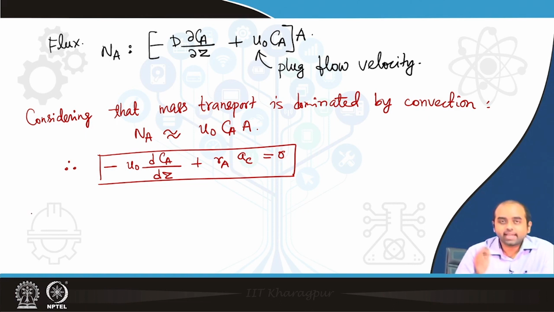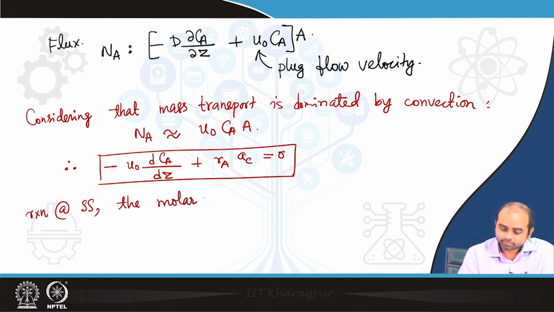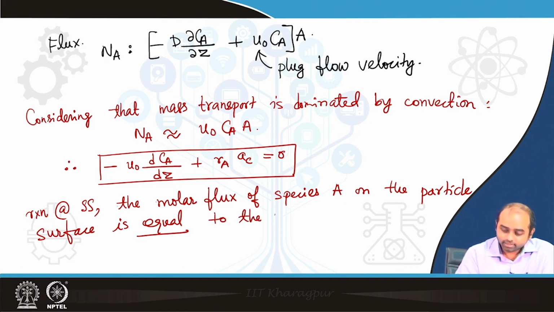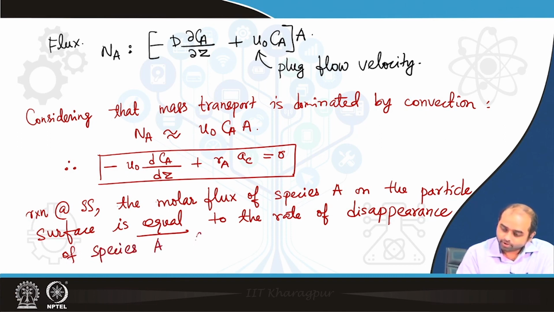So, for reactions at steady state, the molar flux of the species A on the particle surface, please mark my words, on the particle surface, has to be equal, for mass conservation, to the rate of disappearance of species A from the surface.